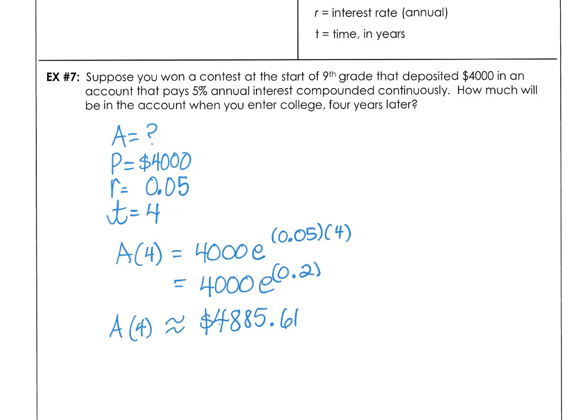So if you didn't touch that money at 5%, you'd have really close to $5,000 when you got ready to go to college. Maybe you could buy your books for that 4 years of college with that money.